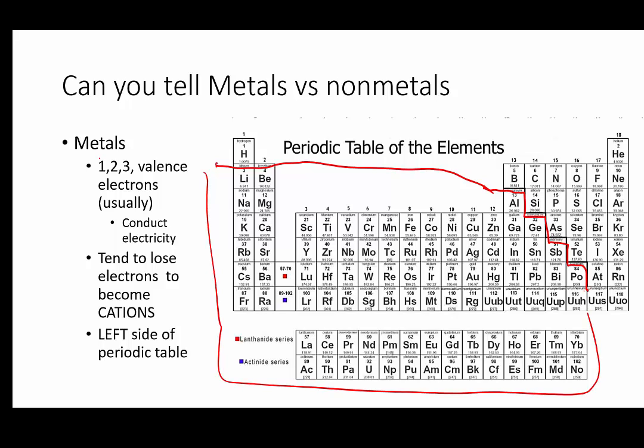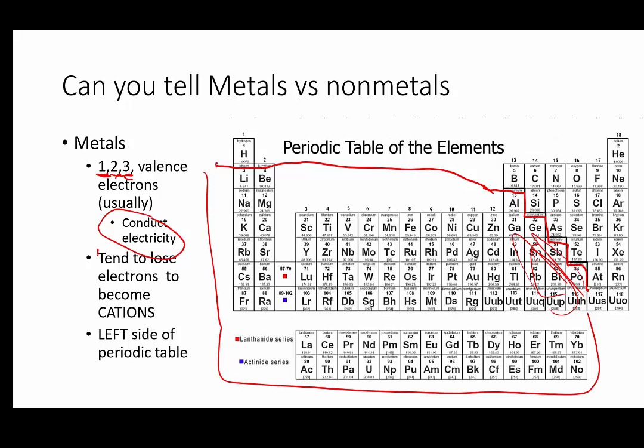You'll find that metals generally have only one or two or three valence electrons. Usually. Of course, we've got some important exceptions over here with more valence electrons, but usually 1, 2, or 3 valence electrons. Now that contributes to the reason that metals conduct electricity, but we're not really focusing on that today.